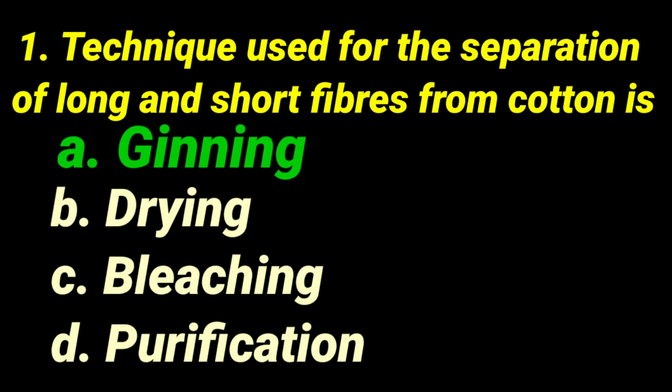Drying, bleaching and purification are the wrong answers, because these three options are not related with the ginning process. After the ginning process only we may be doing these methods. So ginning process is the correct answer. Separation of long and short fibers from the cotton is called the ginning process.